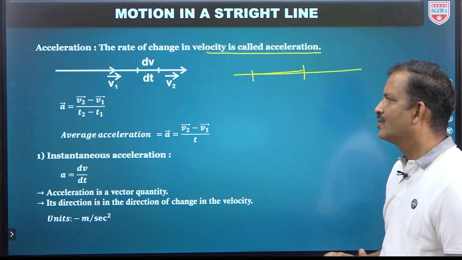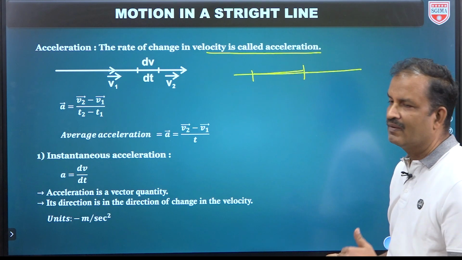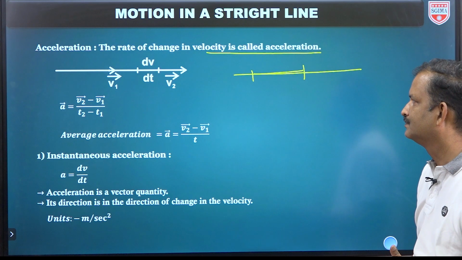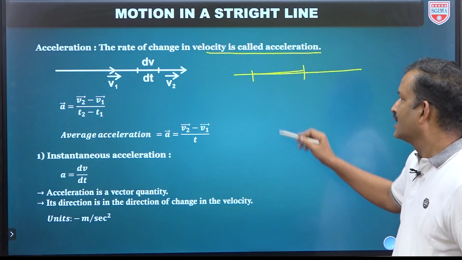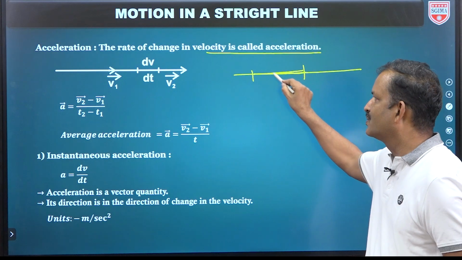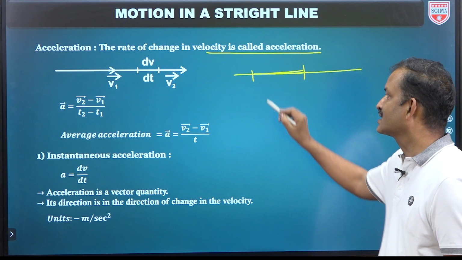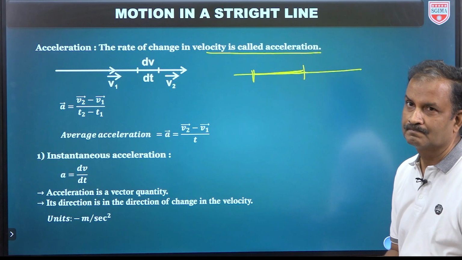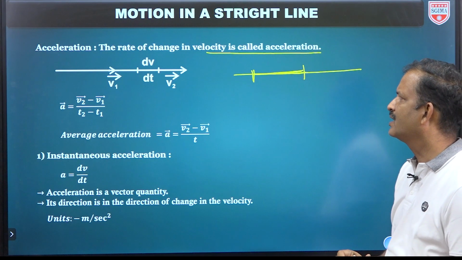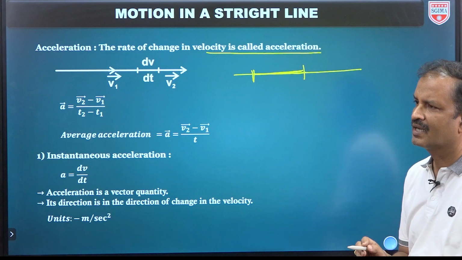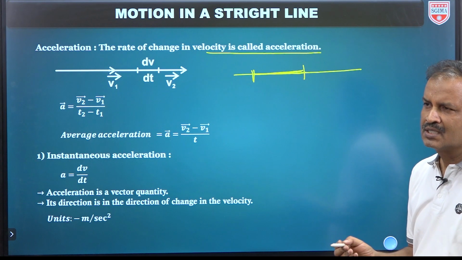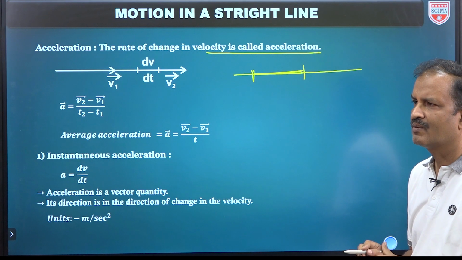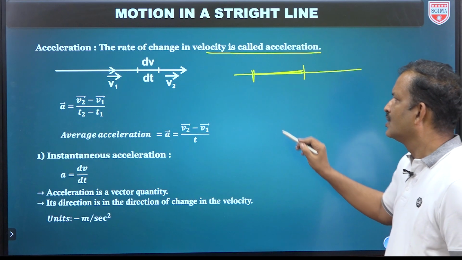Suppose if you remove your leg from the accelerator, speed gradually decreases. So the change in the speed, that is change in the velocity, is the rate of change in the velocity. But we can say that if you are going in a particular straight line, speed and velocity are equal. Problem nahi hai.